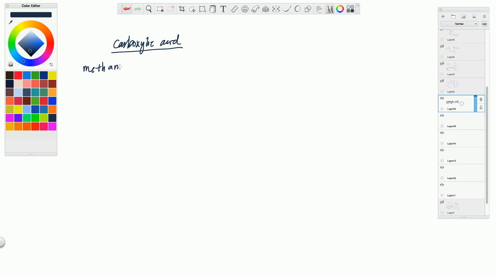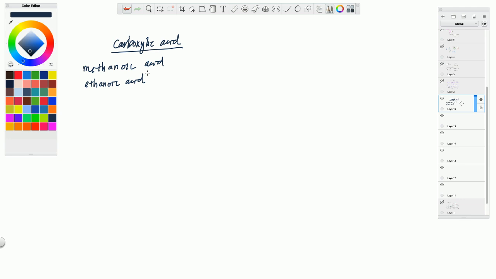So methanoic acid has no isomer, okay? Ethanoic acid also not. You can have an isomer of methyl methanoate, but that's really too small, very hard to talk about. We'll talk about that in a while. Methanoic acid doesn't have one. Ethanoic acid, there is one ester. We'll talk about that in a bit.